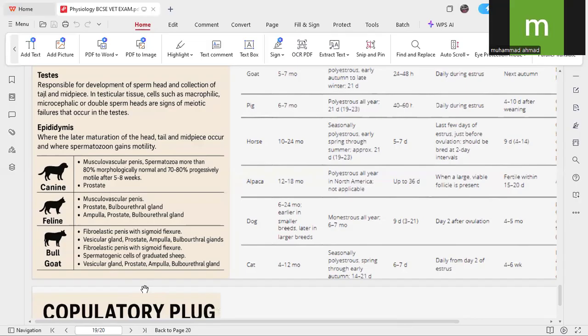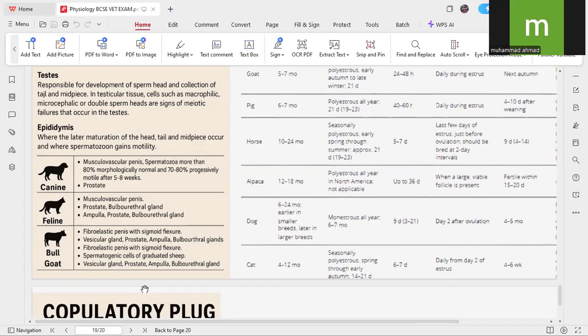Sheep have vesicular gland, prostate gland, ampulla, and bulbourethral gland. Goat has vesicular gland, prostate gland, ampulla, and bulbourethral gland. Equine has vesicular gland, prostate gland, ampulla, and bulbourethral gland. So these three species have four glands.